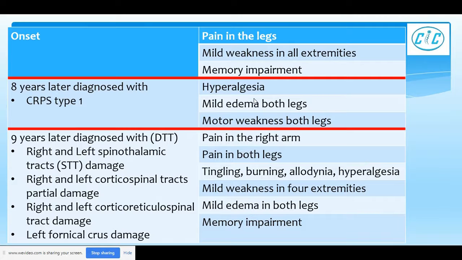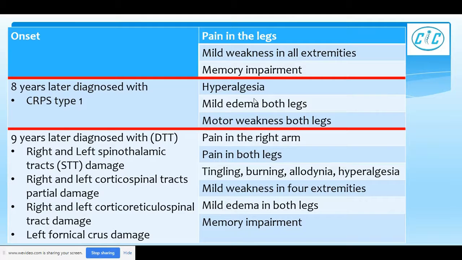As we discussed briefly, this tract travels up from the spinal cord to the thalamus, which then has many different impacts on the brain, including the pain sensation the patient feels, and it is being damaged.